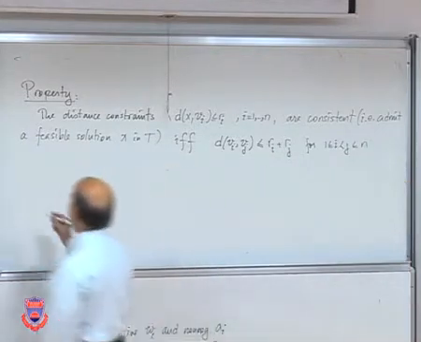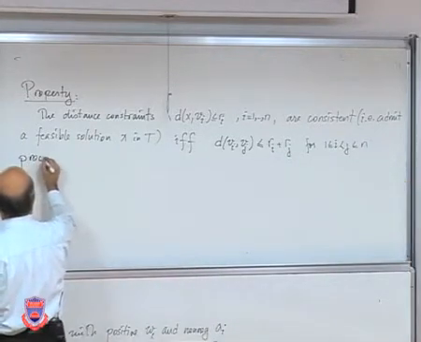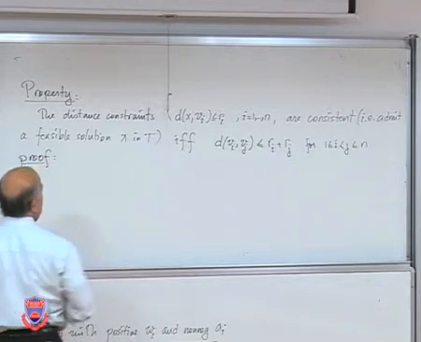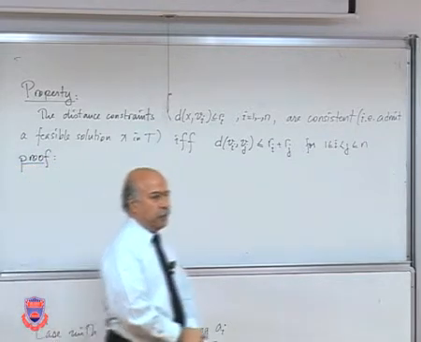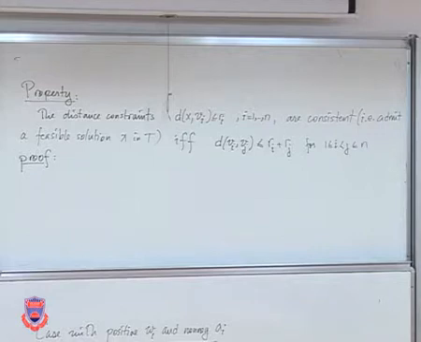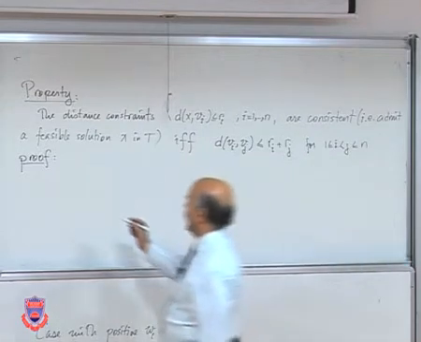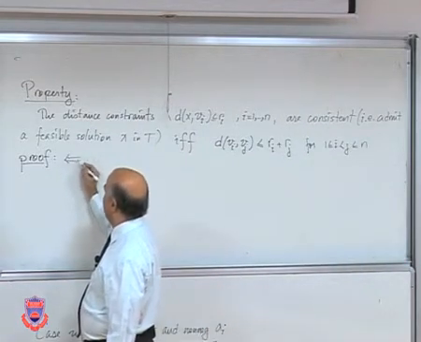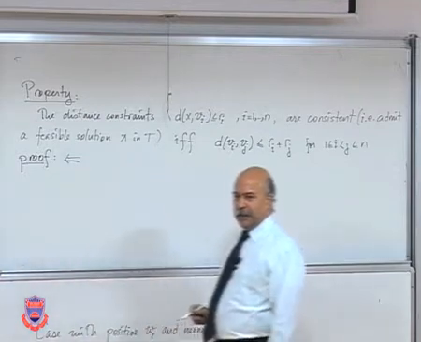So what we want to do is prove this. Which part of the proof is easier? This is an if and only if, so it's both necessary and sufficient. One is easier, the other one is a bit more difficult, or maybe considerably more difficult. Which one? Sufficiency is easier.